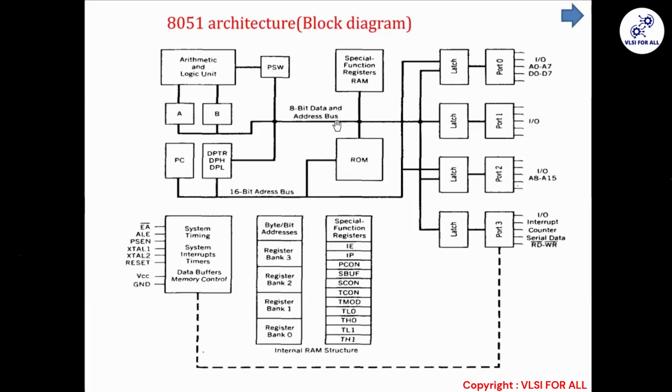Okay. Then the next thing is special function registers. In the RAM, what we have seen, how much RAM is there? 128 byte of RAM is there. If you convert this into hex, what will be the representation for 128?